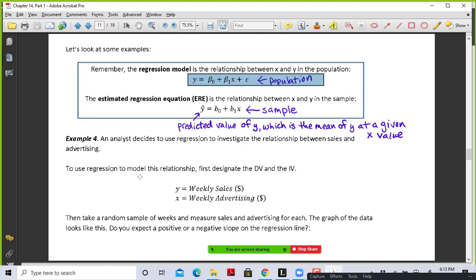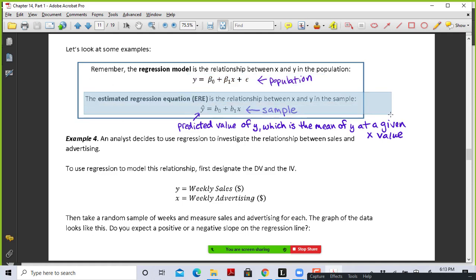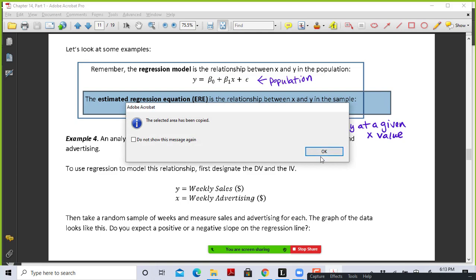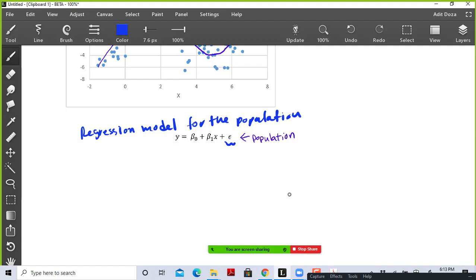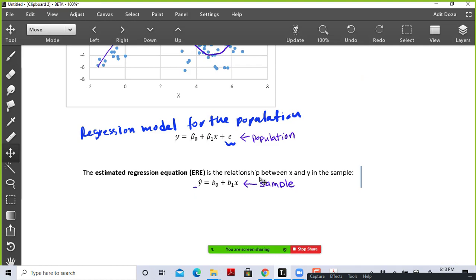What about the estimated regression equation? If you notice, they will all have small beta naught, beta 1, and in front of the y there is a hat, right?